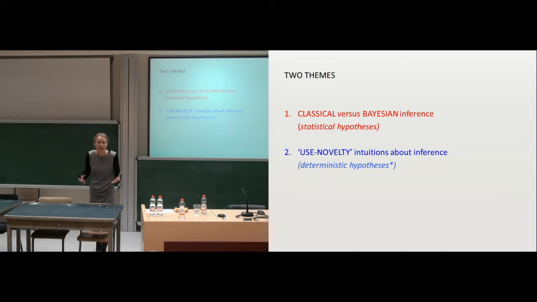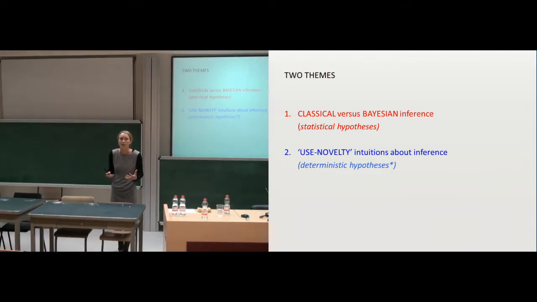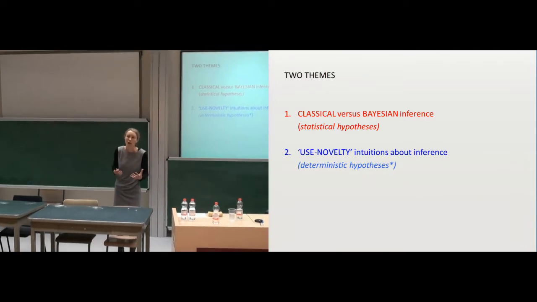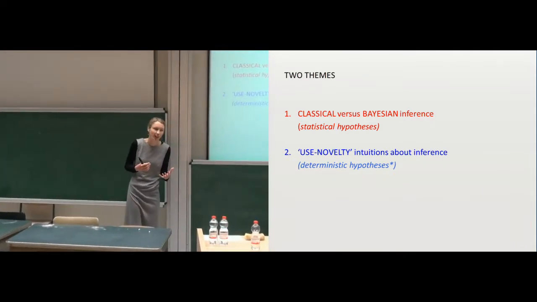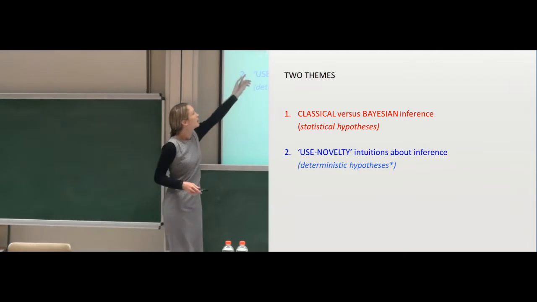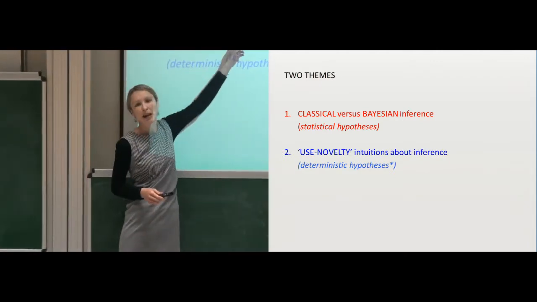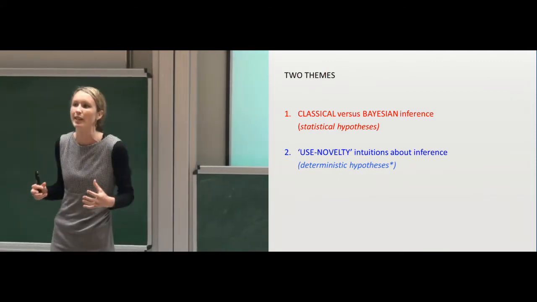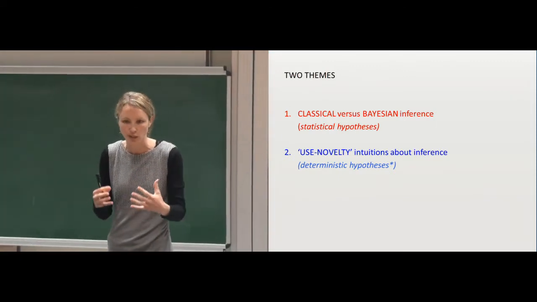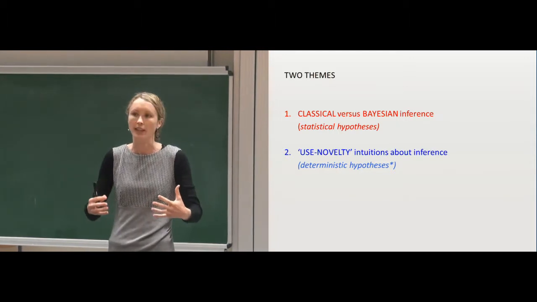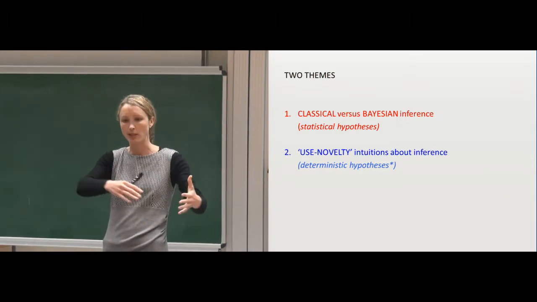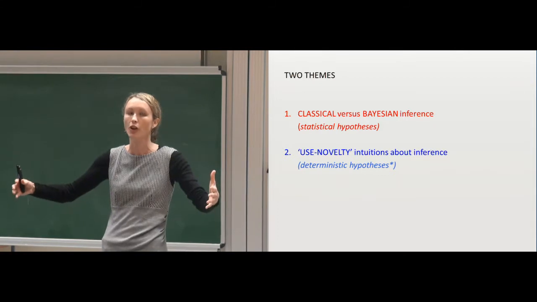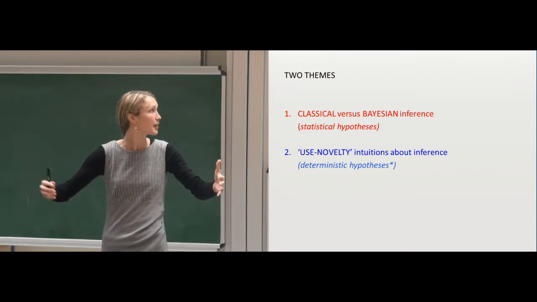So when I say inference, that's what I mean. Questions about the extent to which we think a hypothesis has been confirmed, or we should have a rising confidence in the hypothesis. This classical versus Bayesian distinction has more to do with statistical hypotheses, hypotheses that specify chances for things in the world, that specify basically a probability distribution over possible events.